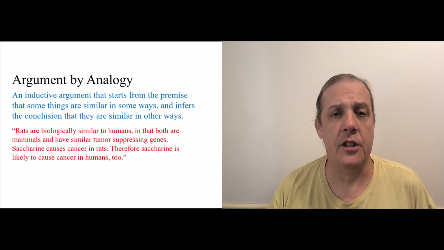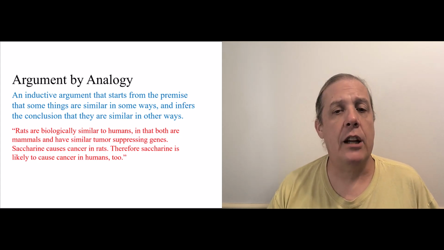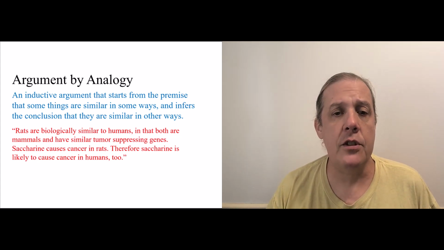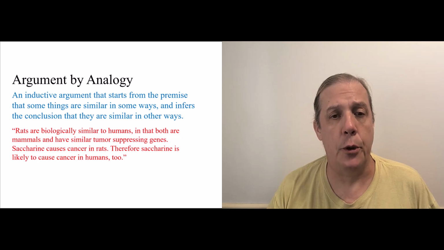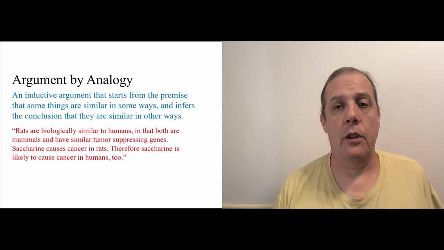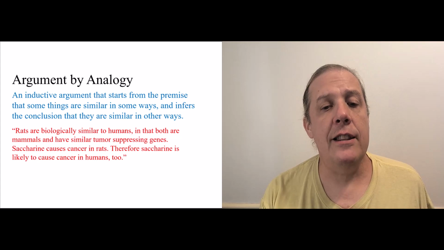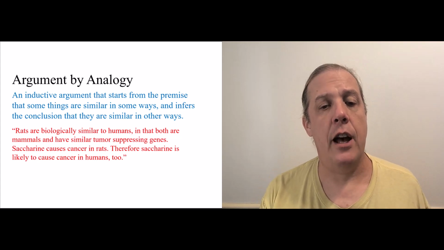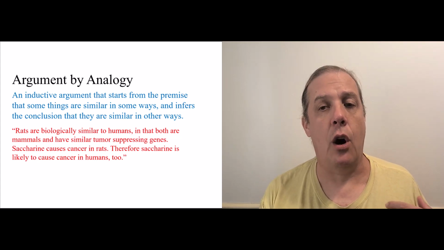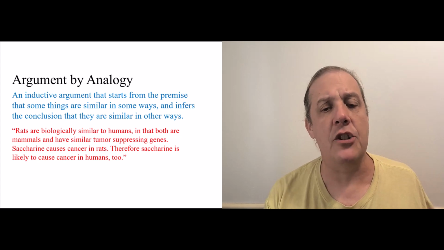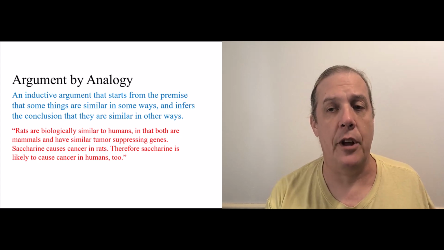There we're specifying the similarities. Saccharin causes cancer in rats, therefore saccharin is likely to cause cancer in humans too. So that's straightforward enough. This is different from having an analogy used to illustrate something.